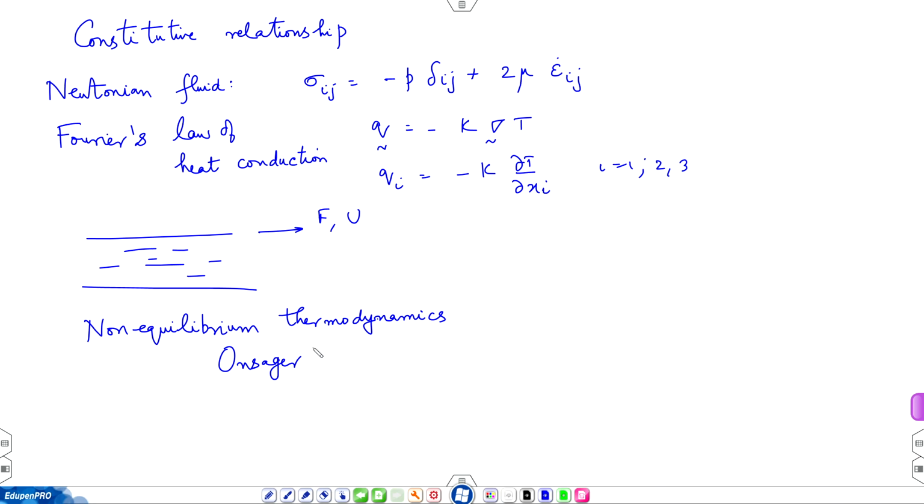So, Onsager showed that force times flux is the entropy generation rate, which is positive. So, in this course we have not really gone deep into second law of thermodynamics, but I am just stating it for completeness, because we wrote q dot less than 0 for the global formulation under isothermal conditions.